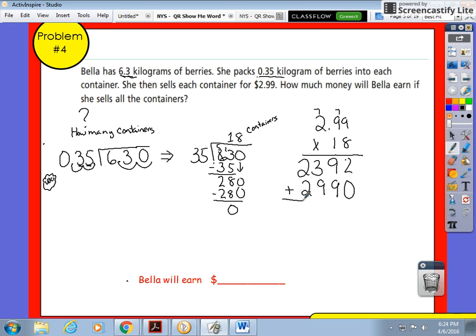I'm going to go ahead and add. And I find out that Bella will earn $53.82 selling those berries.